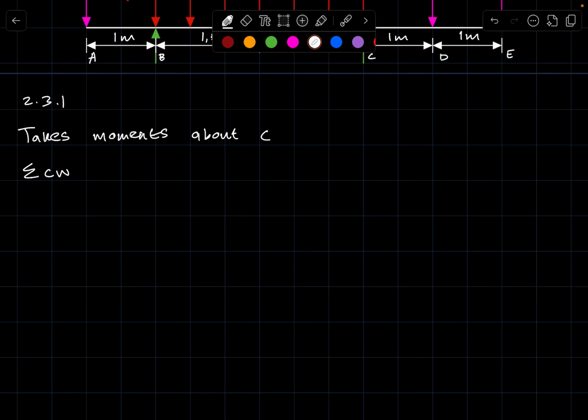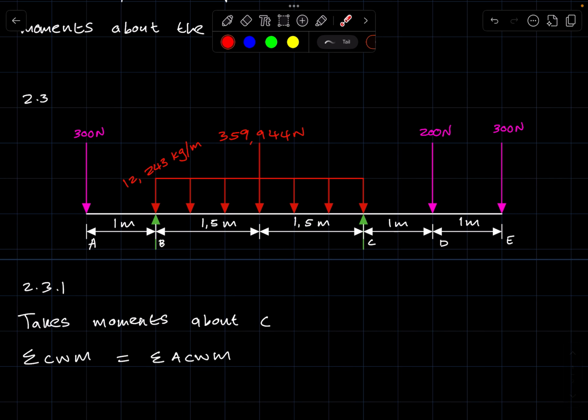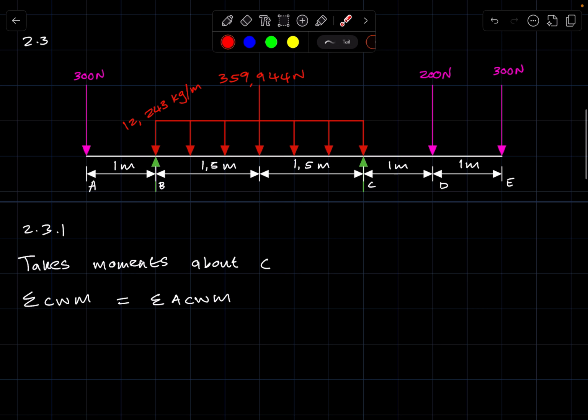Sum of clockwise moments is equal to the sum of anti-clockwise moments, right? Now we are going to look at the turning effect that each of these loads has towards the point we are taking moments about. For instance, we're going to look at this 300 newtons point load.